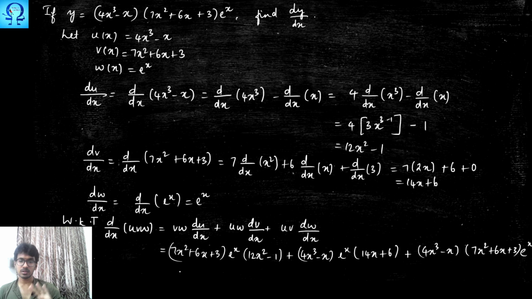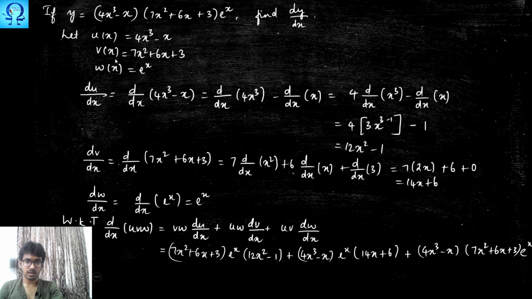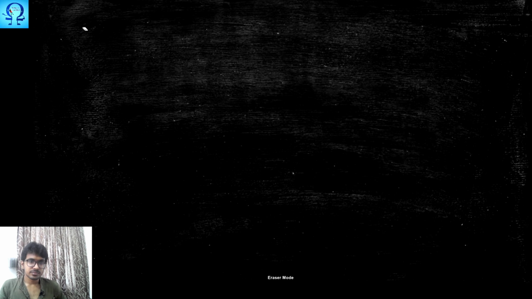Now all you have to do is simplify these terms. Okay, let me rewrite them. So what we have is 7x squared plus 6x plus 3, and we had e power x, and the derivative of this happens to be what? 12x squared minus 1, right?